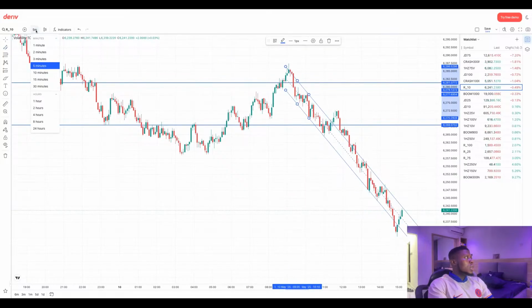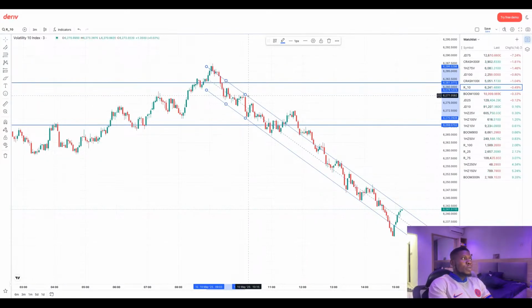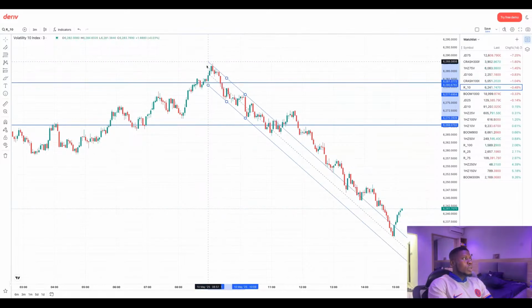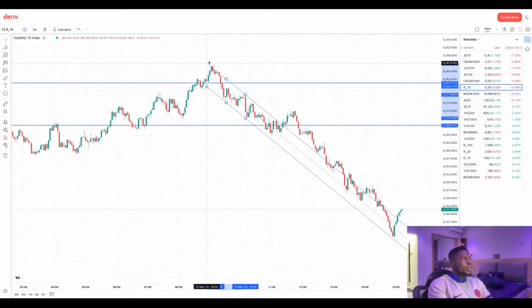Or I could go lower, to the 3 minutes time frame, so the swing of my trend could be better for me to get a better drawing. Because my trend is not perfectly formed at this moment, I'm trying to rotate so it can fit in.